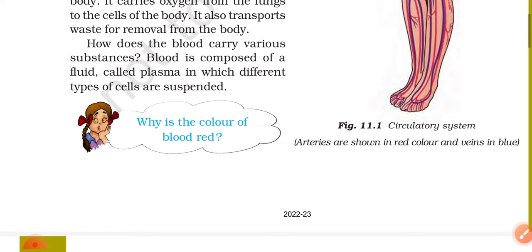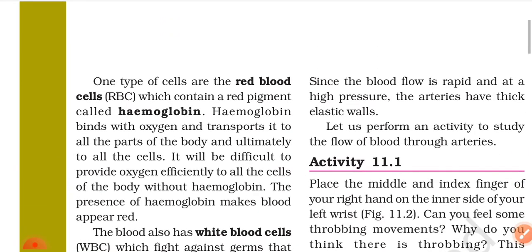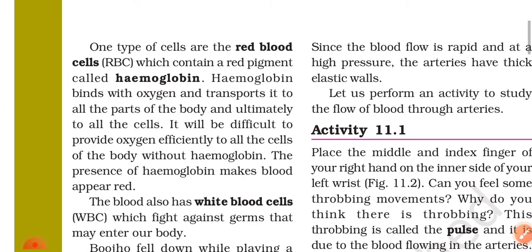How does the blood carry various substances? Blood is composed of a fluid called plasma in which different types of cells are suspended. Why is the color of blood red? One type of cell is the red blood cells, RBC, which contain a red pigment called hemoglobin.